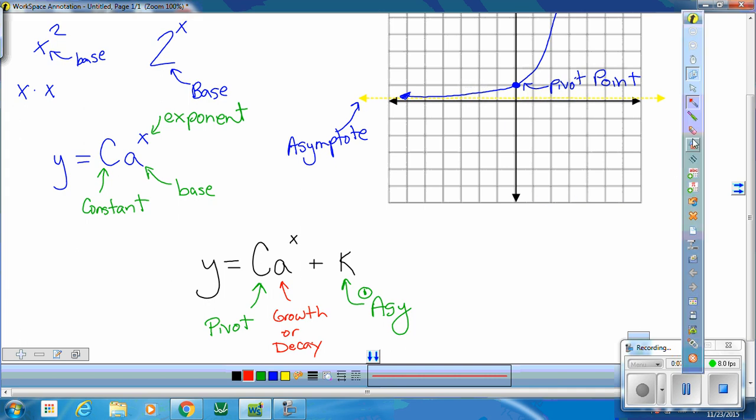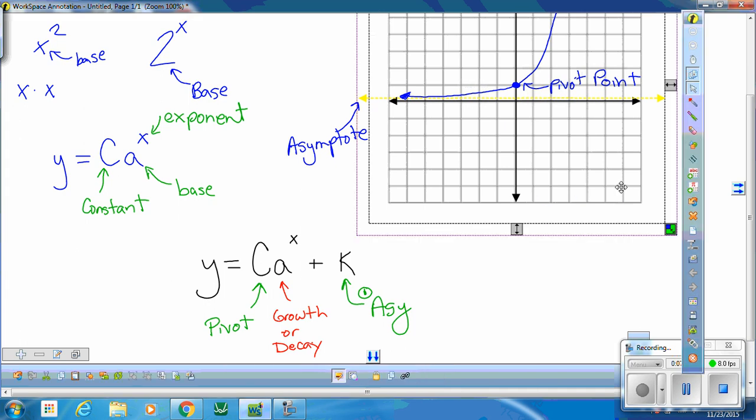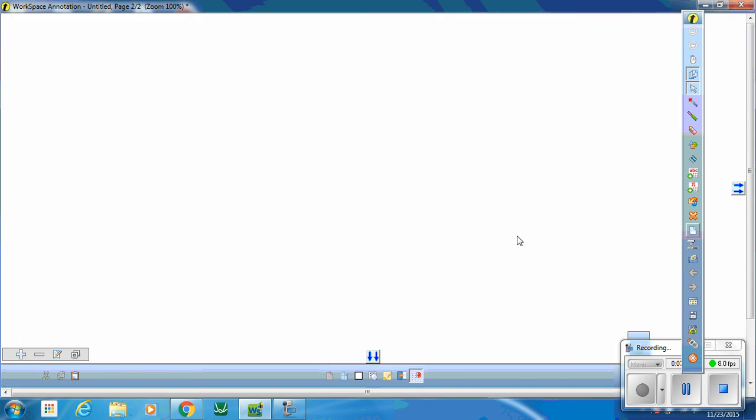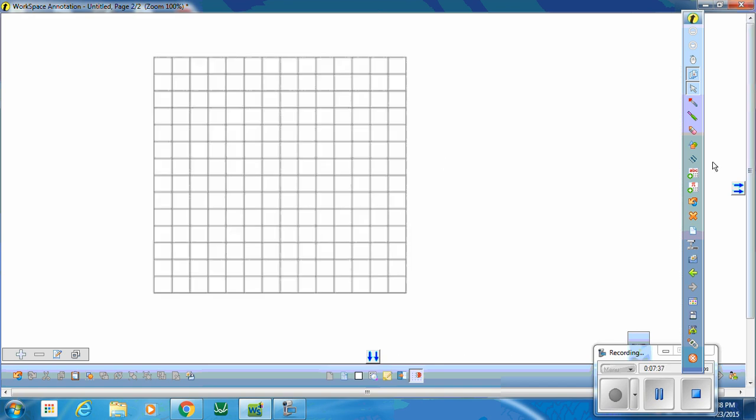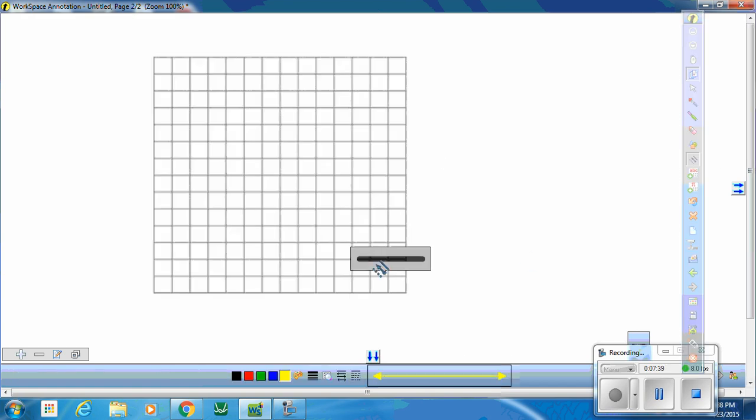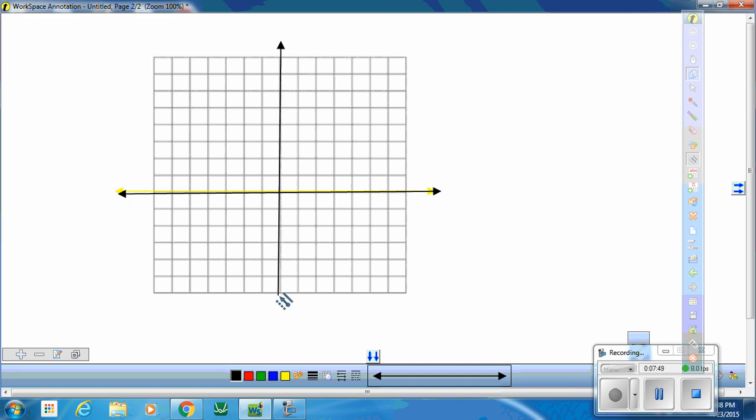Let's look at a couple of examples. All right, so we are going to graph an exponential. So let's look at a couple of different examples that we can do here.